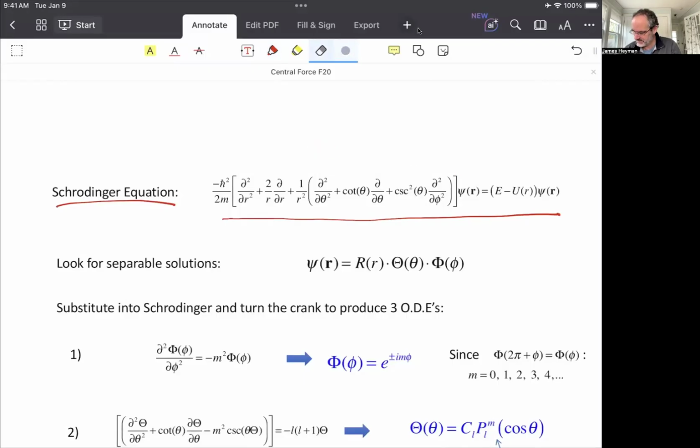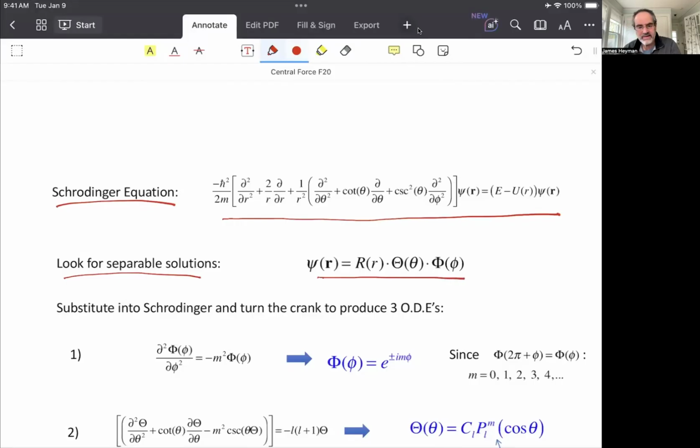All right? Now, when we look at problems that have spherical symmetry, it turns out that we can always find energy states that are separable solutions.